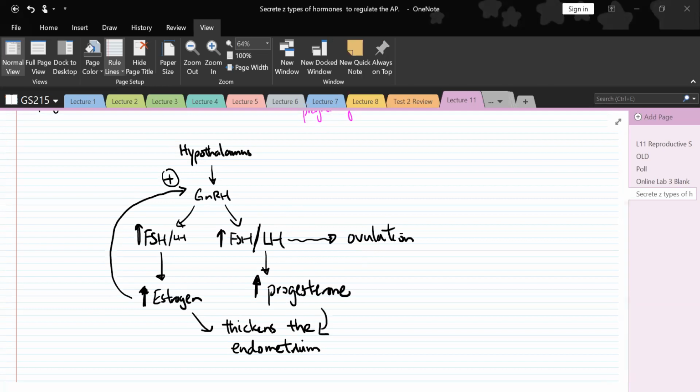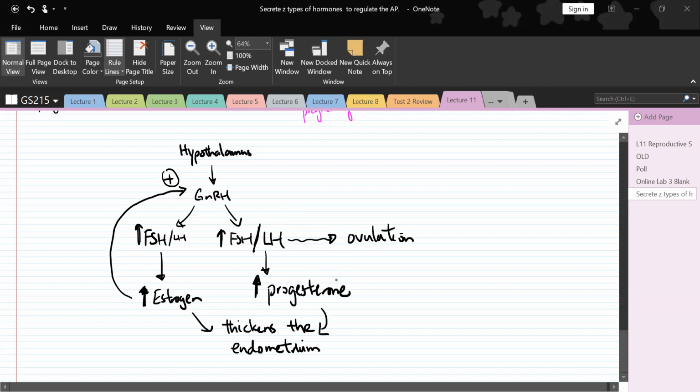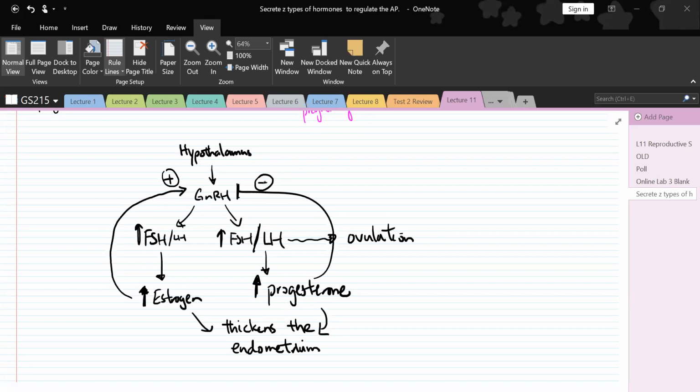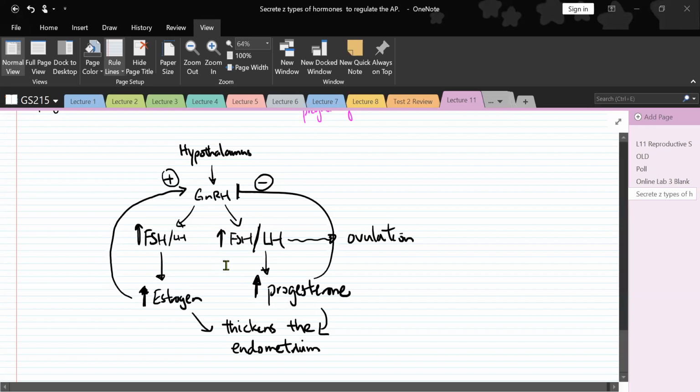Progesterone will also thicken the endometrium, but more importantly, it will go back, but this time have negative feedback, and it will shut down the release of GnRH, and therefore lowers the FSH and the LH as a result. Okay, so that's like a summary in flowchart form.